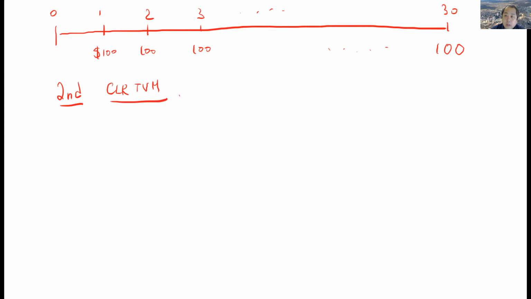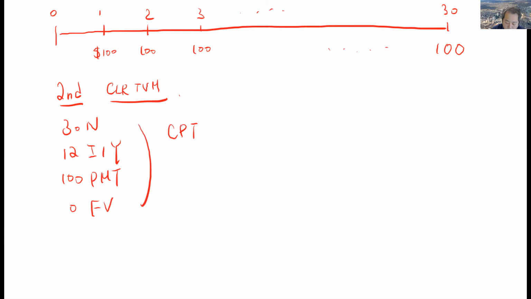Now, N equals 30. Interest rate I/Y, 12. 100 PMT, and 0 future value. Then compute present value. The present value will be negative 805.52.